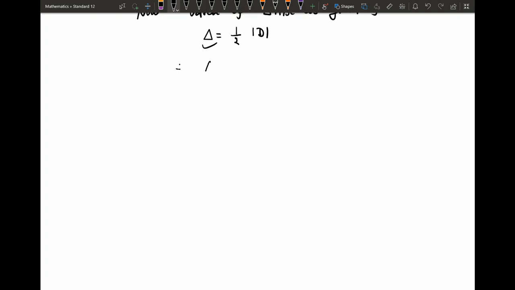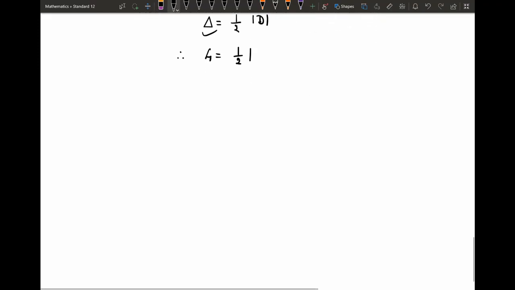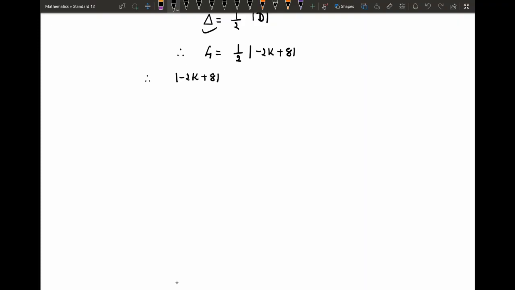So 4 equal to 1/2, we have the area of the triangle 4 square unit, and the value of the determinant is minus 2k plus 8. So from this, taking cross multiplication, mod of minus 2k plus 8 equal to 8.